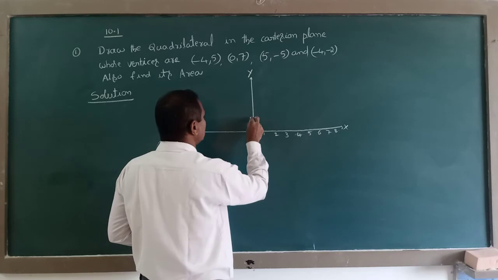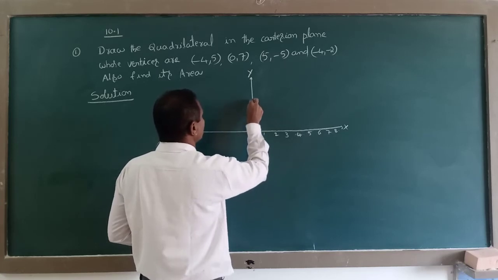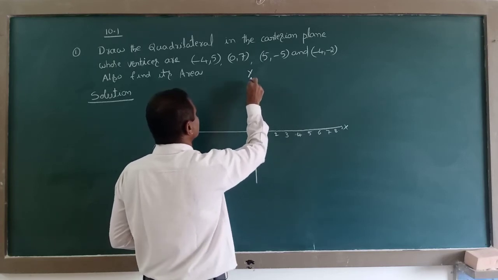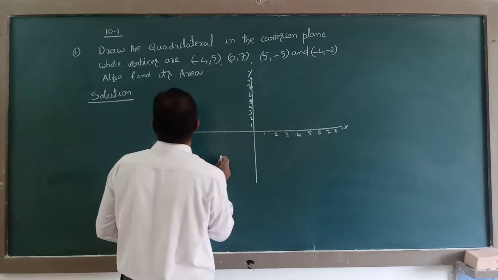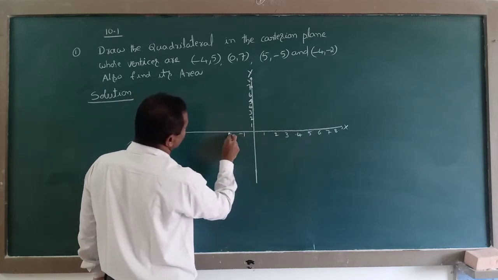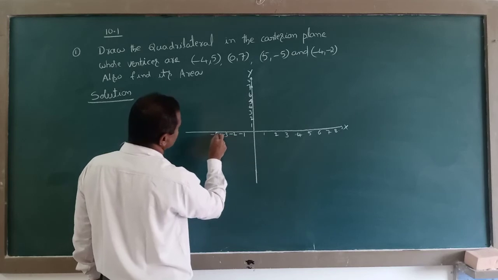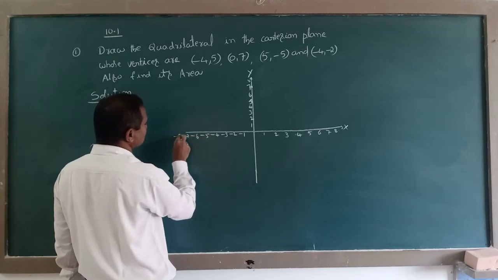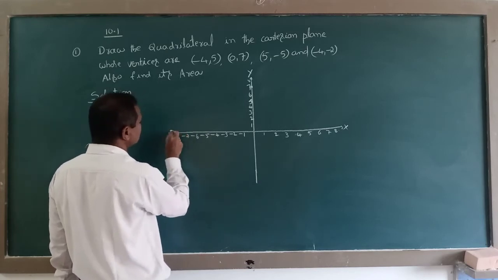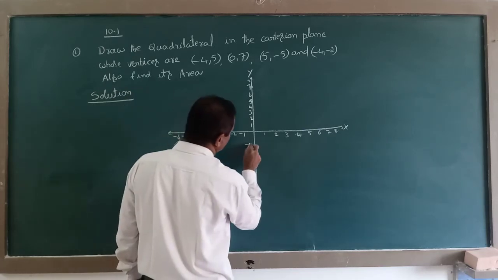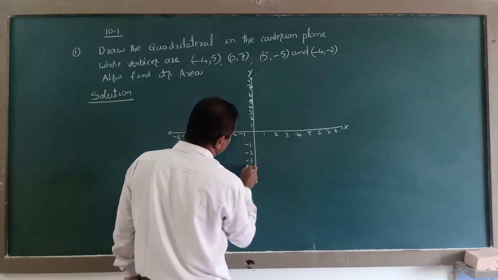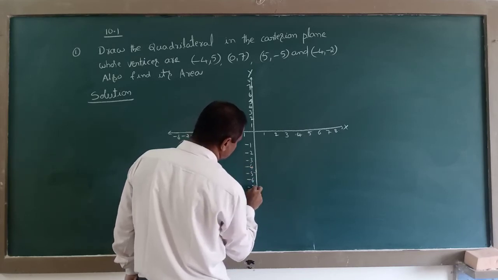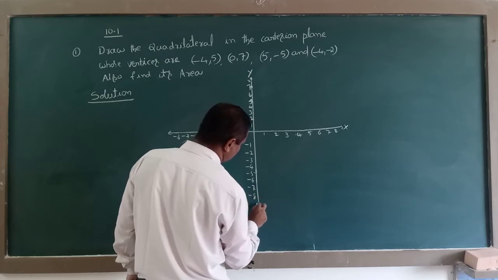Here also 1, 2, 3, 4, 5, 6, 7, 8. Here also minus 1, minus 2, minus 3, minus 4, minus 5, minus 6, minus 7, minus 8 like this. Down also here minus 1, minus 2, minus 3, minus 4, minus 5, minus 6, minus 7, minus 8 like that here.